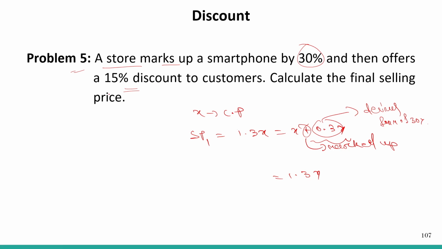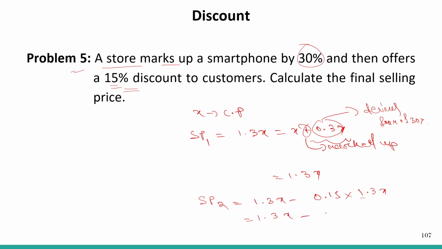Okay, so what the store then gives is 15% discount. So SP2 is equal to what? 1.3x minus 0.15 into 1.3x. That is the new original price, that is SP1. This is equal to 1.3x minus how much?